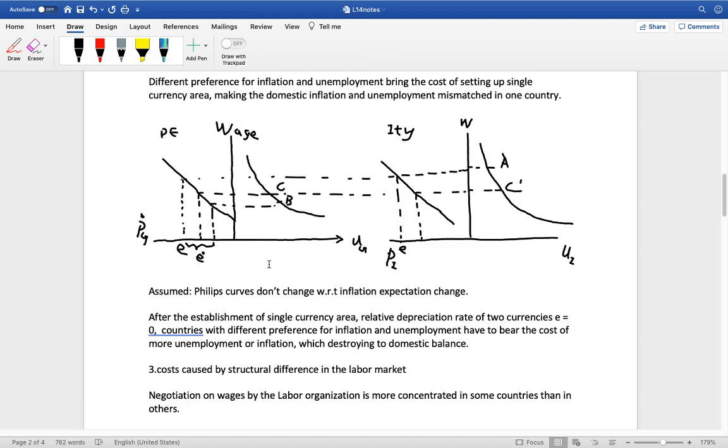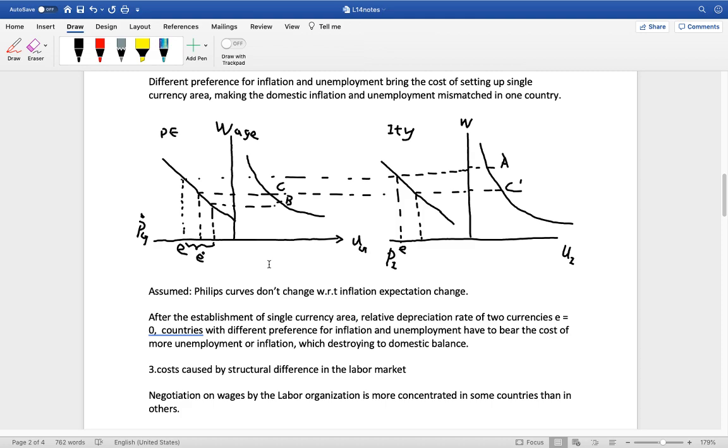Once Germany and Italy have become a single currency area, there will be no exchange rate change. In this way, the lowercase e is equal to 0. In order to achieve the equilibrium, the two countries must have the same rate of inflation.